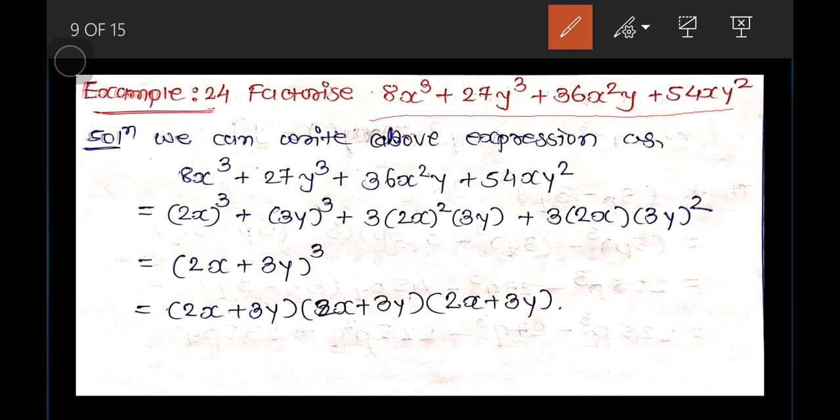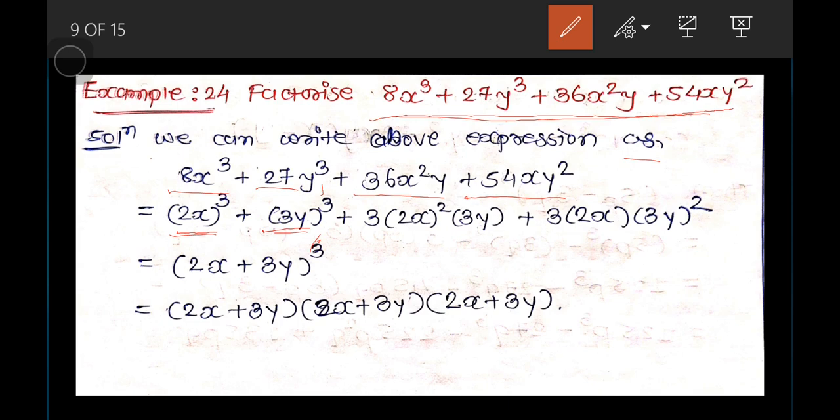So we can write the above expression as 8x cube plus 27y cube plus 36x square y plus 54xy square. Here x as 2x cube, y as, we know that cube root of 27 is 3y cube. So here it is a and here it is b.